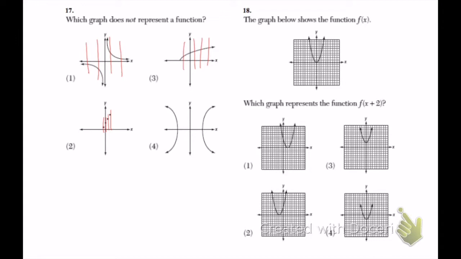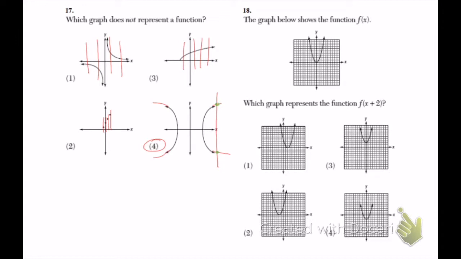In case we didn't see what this looks like, if we were to continue this function, it would look something like this. And if I were to take a line and go straight down, we would see that at this point right here and at this point right here, that x value has two y values associated with it. Therefore, this graph right here could not be classified as a function.